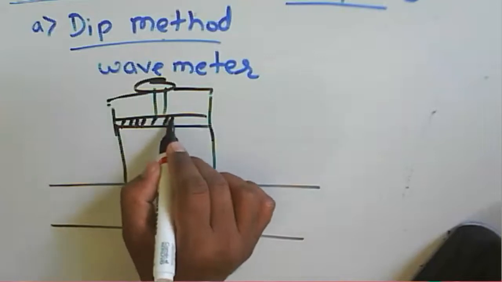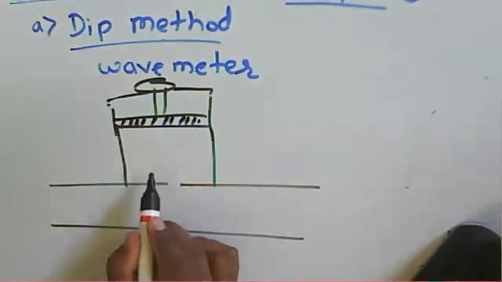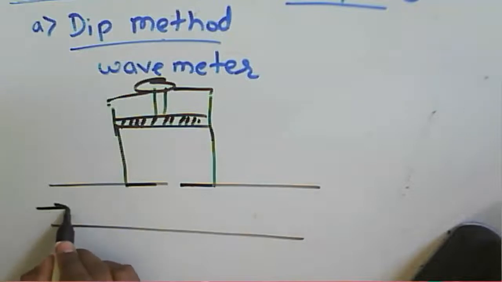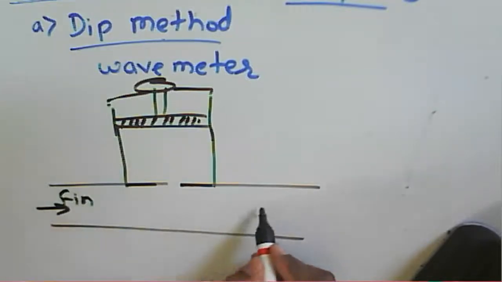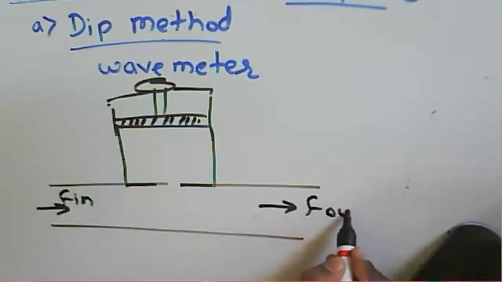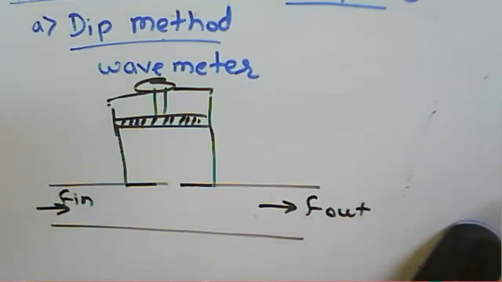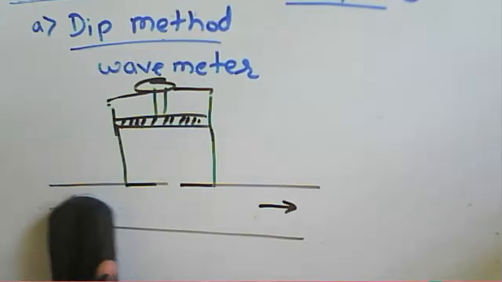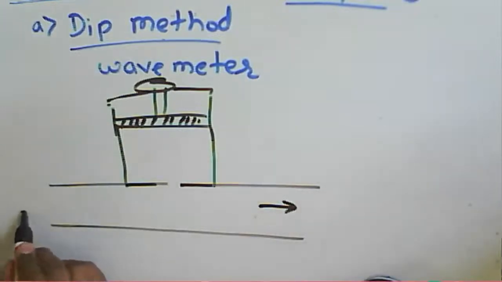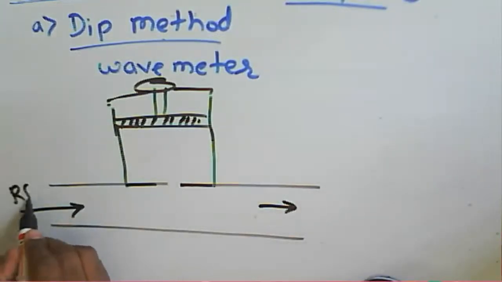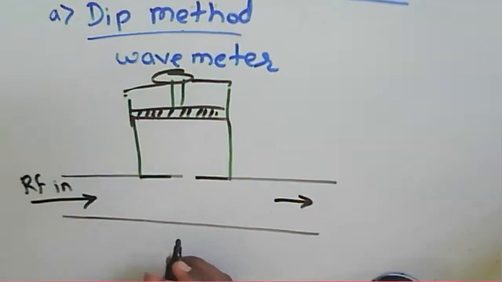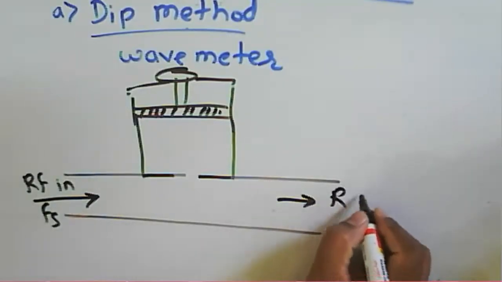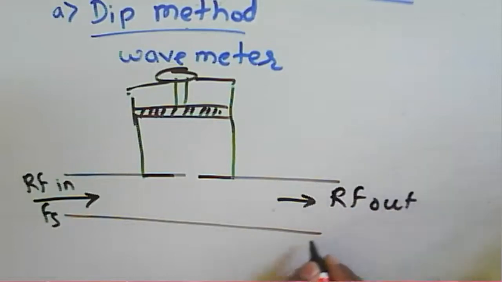When we rotate that plunger, the cavity responds. This is the RF signal: RF in, with signal frequency Fs here, and here is the RF out.